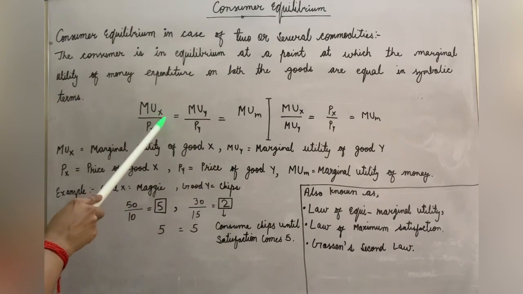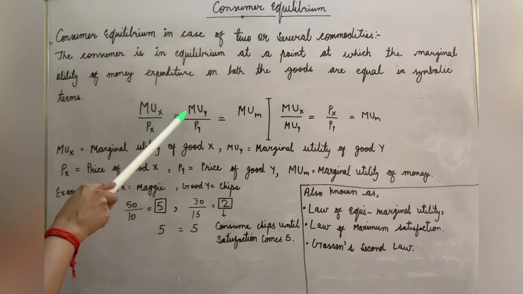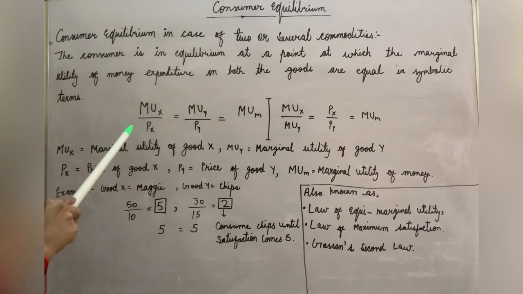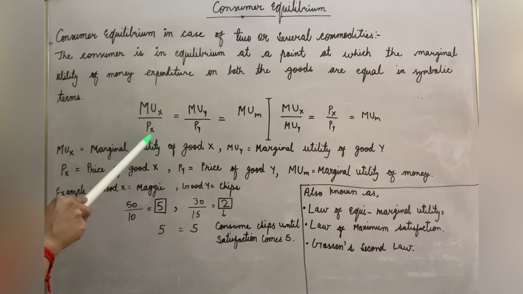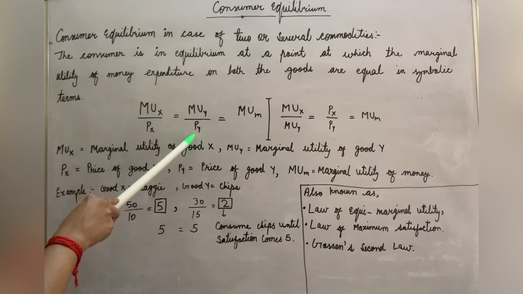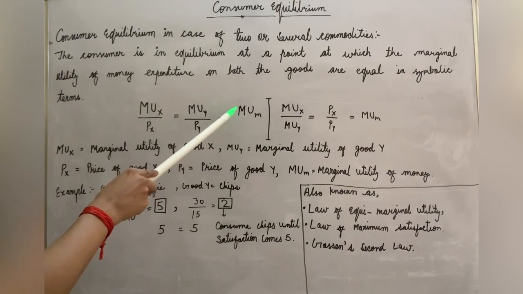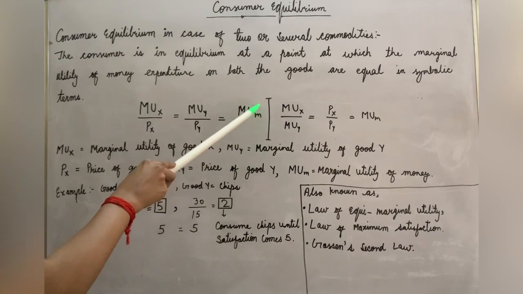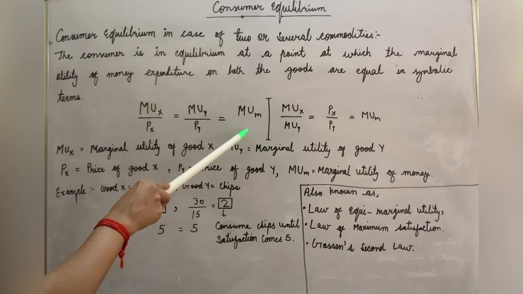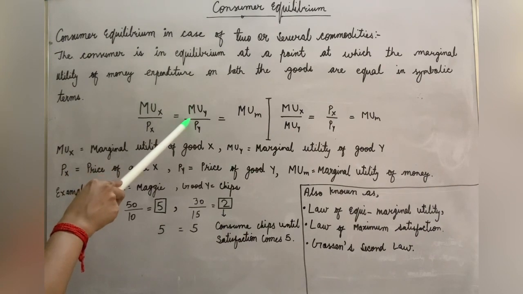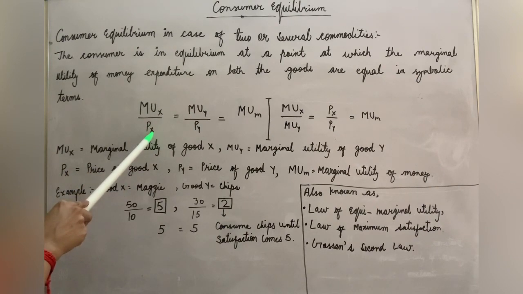Marginal utility of good X is the satisfaction of good X, and marginal utility of good Y is the satisfaction of purchasing good Y, upon price of good X and price of good Y. That is equal to marginal utility of money, the money we have, and we are going to purchase two commodities that give equal satisfaction. This is the consumer equilibrium.